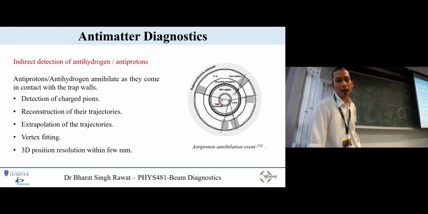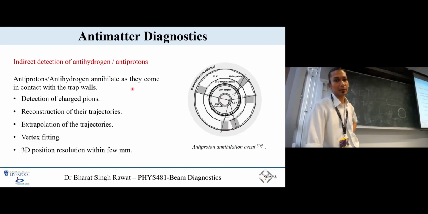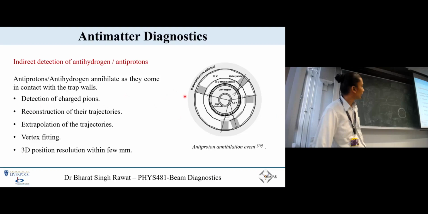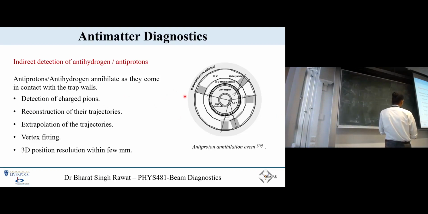So how do we detect antihydrogen or antiprotons? As you know, when they annihilate, or when they touch any material, they create charged, high-energy pions. Let's imagine this is an electrode used to trap antiprotons, and it touches the surface; it will create very high-energy pions at a particular angle.